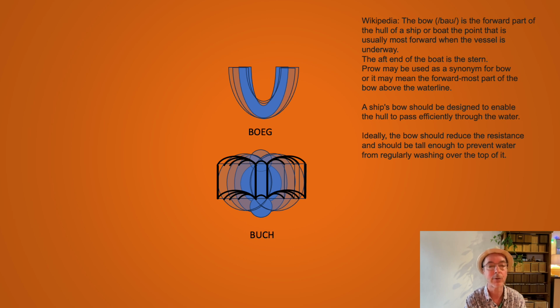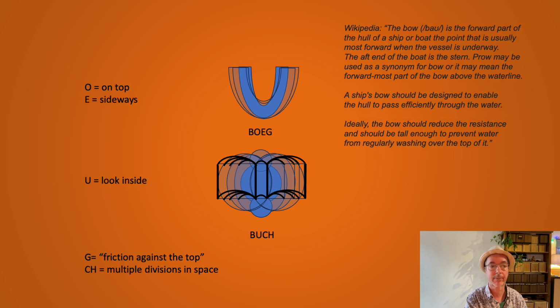Ideally, the bow should reduce the resistance and should be tall enough to prevent the water from regularly washing over the top of it. The full thing is not 100% recognizable, but the reference frame of what the BOEG is, is actually quite quickly recognizable and adaptable to what it means.